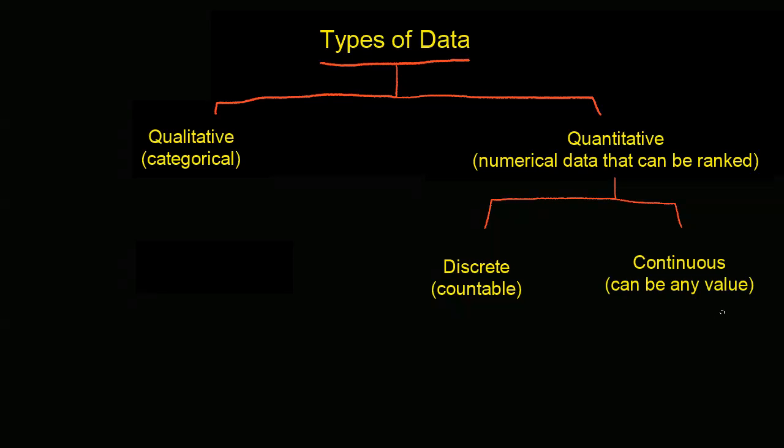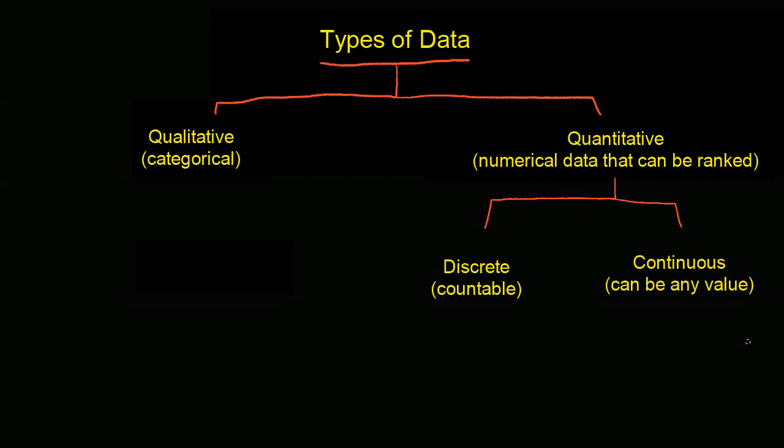Using a crude scale, we'll see that they weigh 140.2, but then using a better scale, we'll realize they weigh 140.25316.8, and we can always get more and more precision. So that is a continuous type of data.